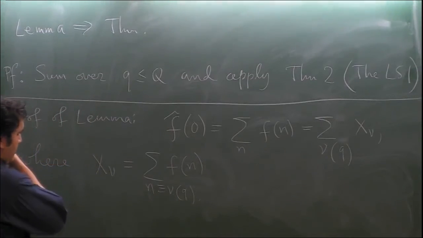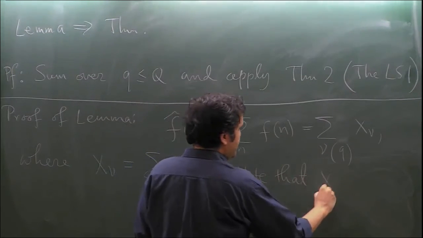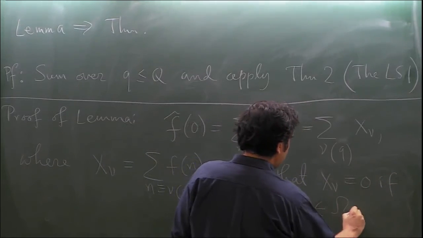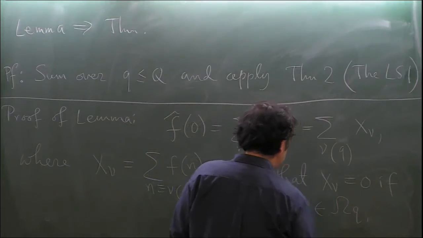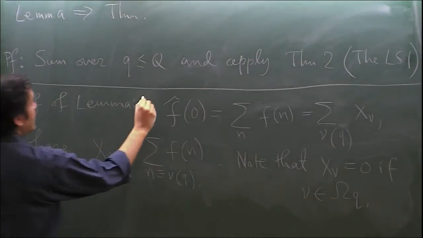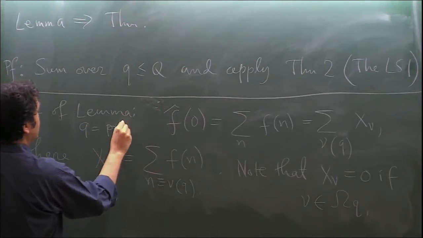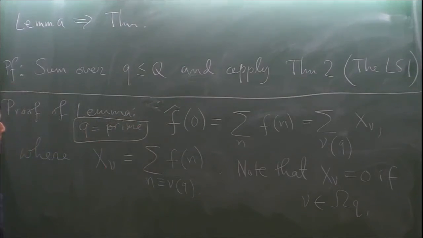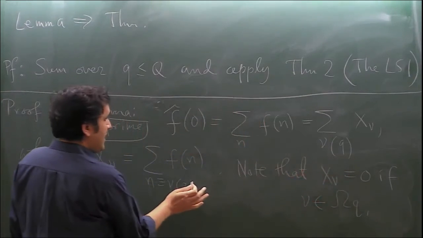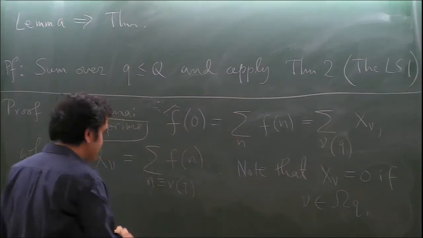And now note that x nu is 0 if nu is in omega q. So first assume q is a prime. Then we will generalize it. So if nu is in omega q, then x nu is 0, and therefore this sum is actually over nu not in omega q. So let's keep that in mind.